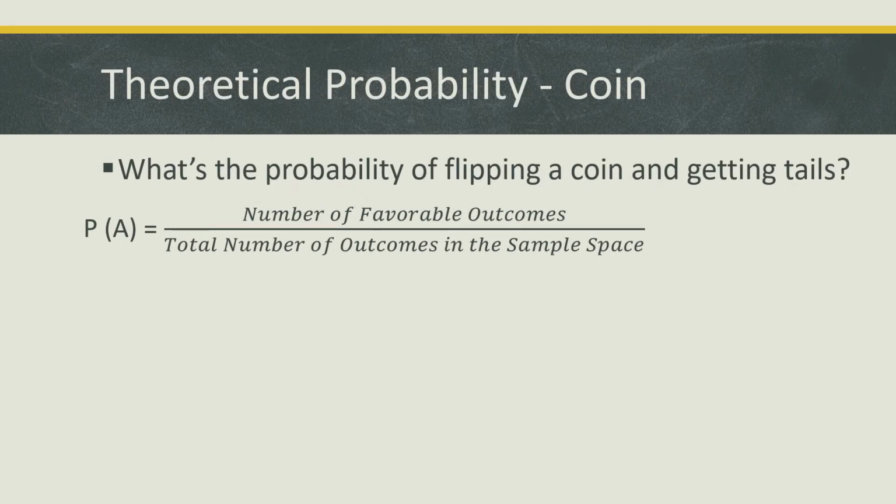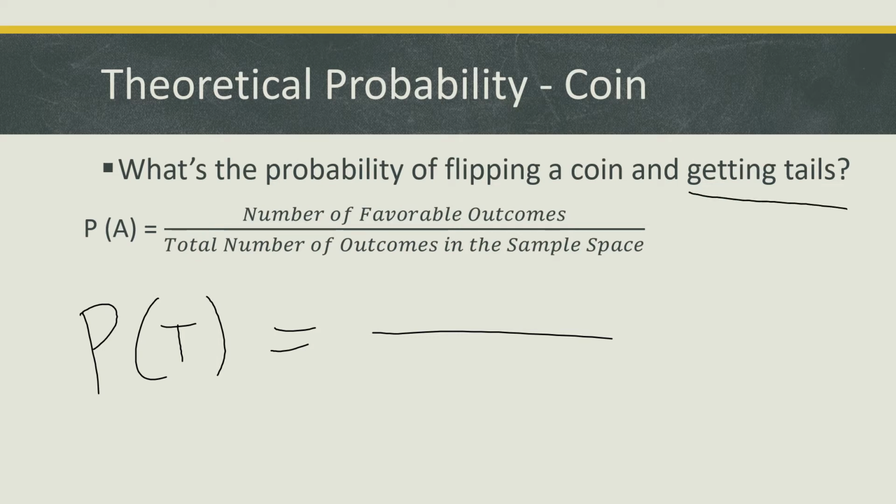Theoretical probability, dealing with coins. What's the probability of flipping a coin and getting tails? So P for probability, and the favorable outcome we're focused on is getting a tails. So the probability of getting tails, P parentheses T. In the numerator, you want your favorable outcomes. You're only focused on one outcome, and that's getting tails. In the denominator, you're going to have your total number of outcomes possible in the sample space.